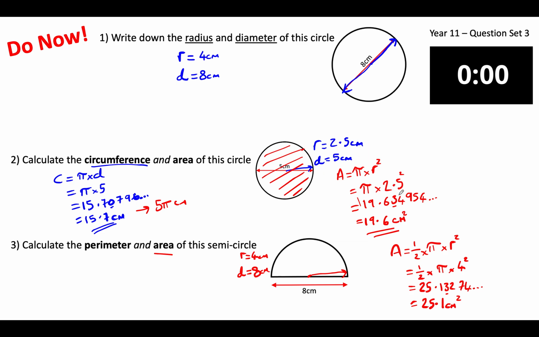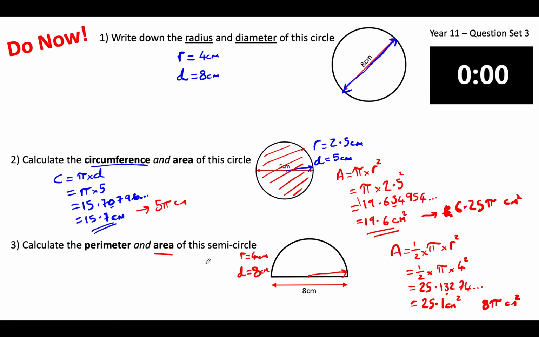You might have done 6.25 pi, and that would be centimetres squared, if you were doing it in terms of pi. And this one down here, I believe, is 8 pi centimetres squared.